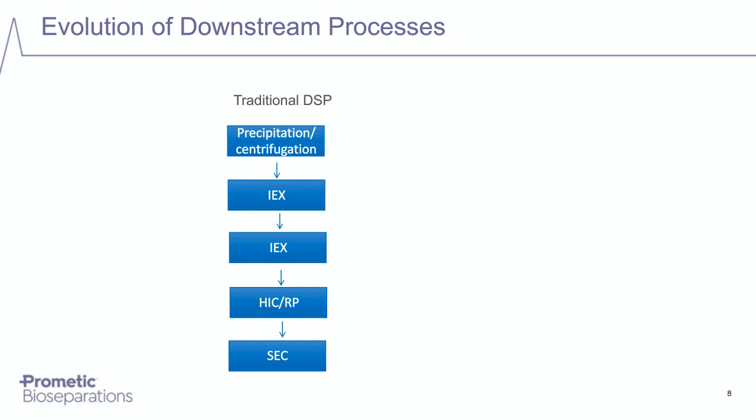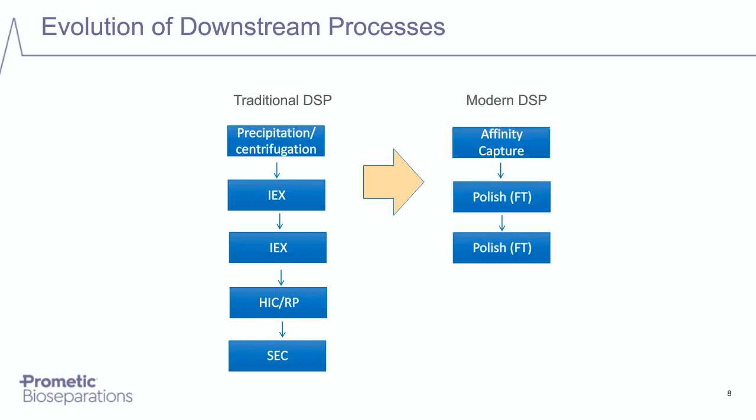But that isn't a very efficient way of producing proteins, because the losses of these types of processes tend to be quite high. So these days we generally use an affinity capture step right at the beginning of the process to give us a very high level of purification in one step.